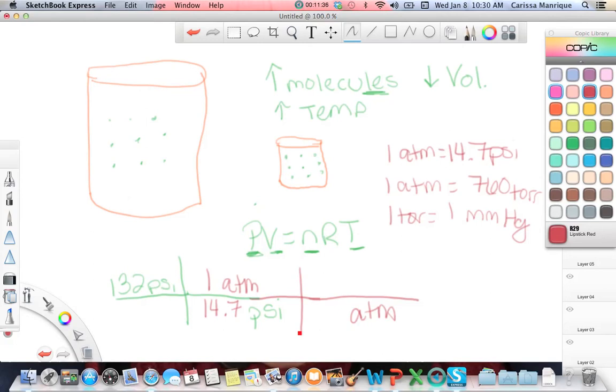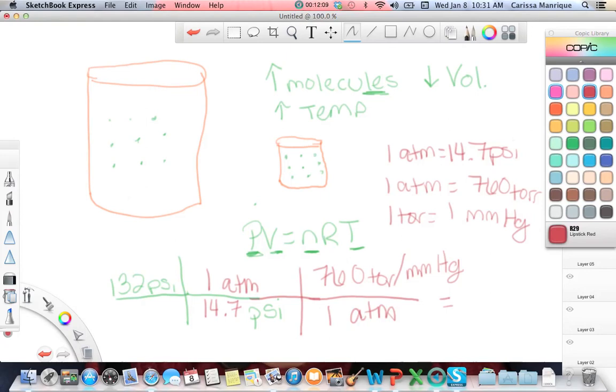So let's do that. We have 1 atmosphere, 760 torr. And what we could say is, do you see that? A torr is a millimeter mercury. They're the same thing. So let's just say torr slash millimeter mercury, because they're the same unit. Do you see a torr equals a millimeter mercury? Okay, so if we multiply this out, 132 times 760 divided by 14.7.